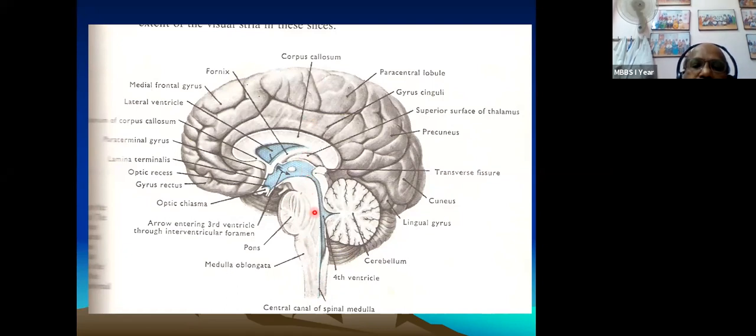The arrangement you see is thalamus, hypothalamus, midbrain, pons, medulla. You should keep this in mind. While reading about the tracts, you should know the parts of the brainstem. From the brainstem, it goes to thalamus, thalamus to cerebral hemisphere.